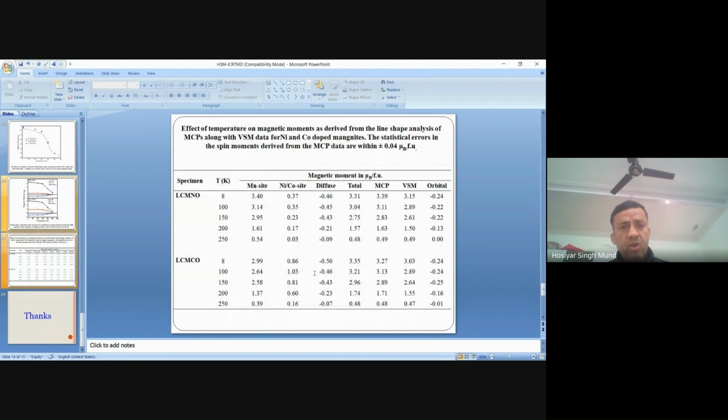This is the table which gives us the total magnetic moment, spin magnetic moment, and decomposed magnetic moment within the system. If we compare our diffuse magnetic moment with the orbital contribution, it is found that the orbital magnetic moment occurs due to the diffuse electron contributions.